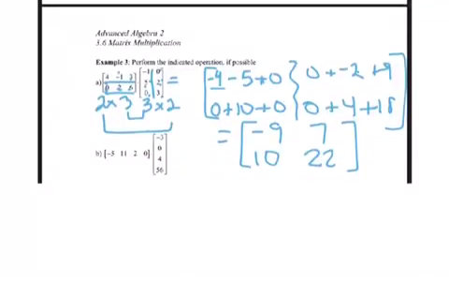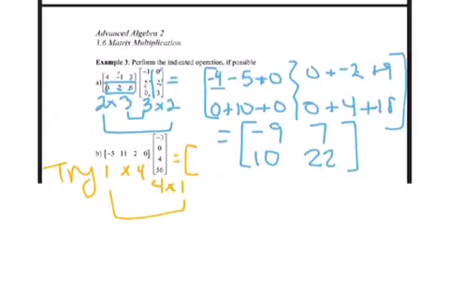I want you to try B. So you have a 1 by 4 and a 4 by 1. So you should get out just a 1 by 1. It means one number goes in here.